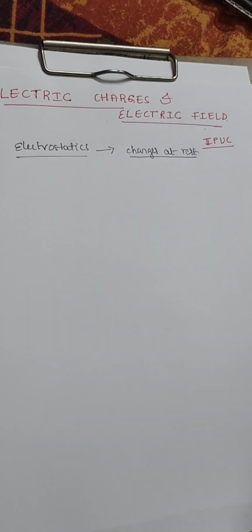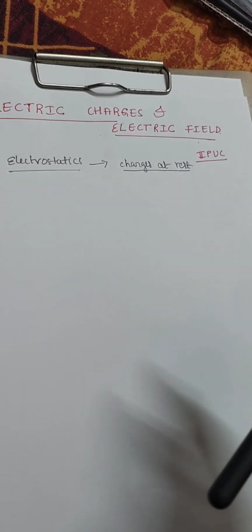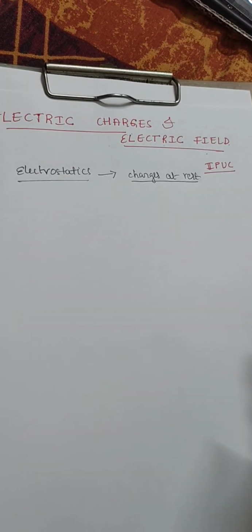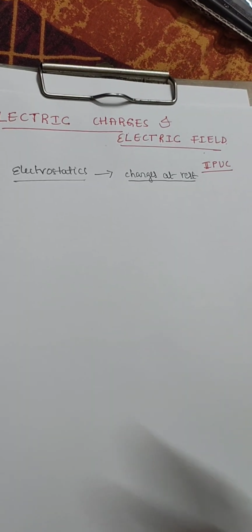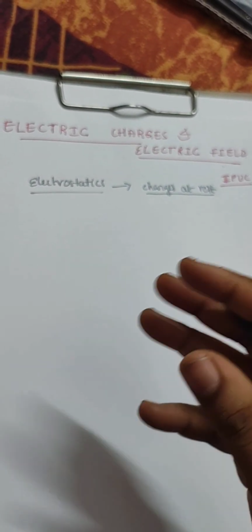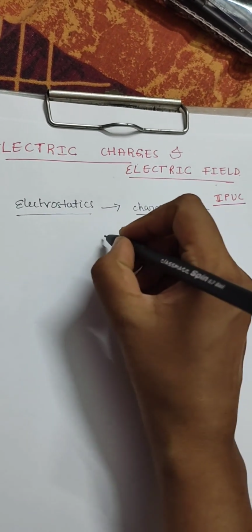Every material, if we consider any of the atoms or molecules, contains positively charged protons and negatively charged electrons, right? So we can define electric charge as a fundamental property of matter that causes it to experience a force when placed in an electromagnetic field.